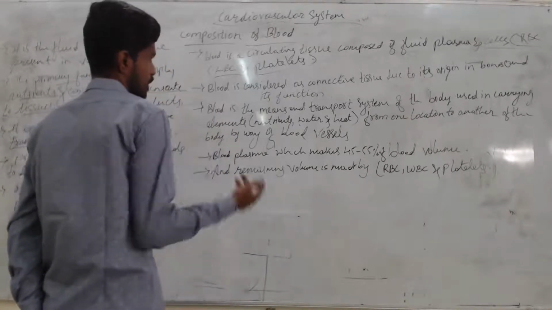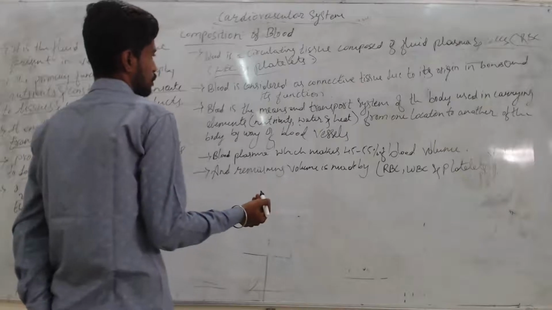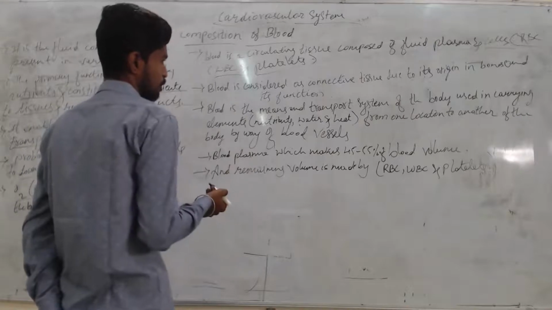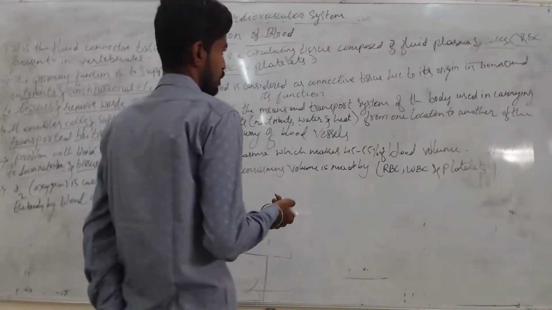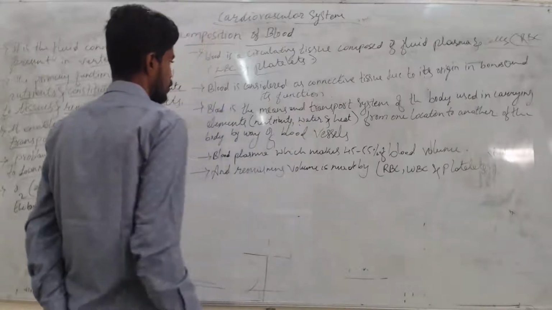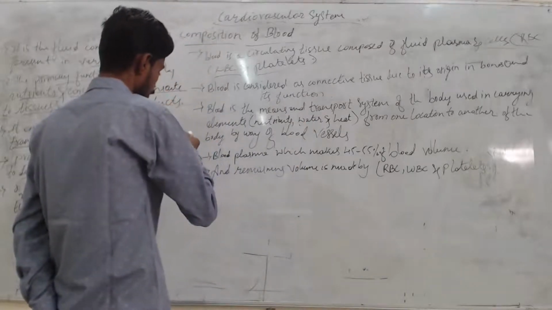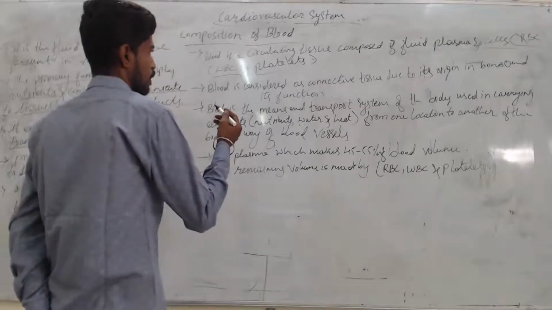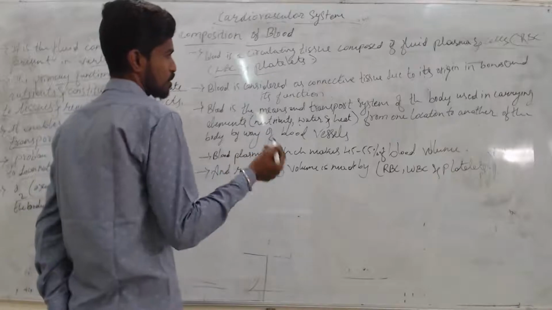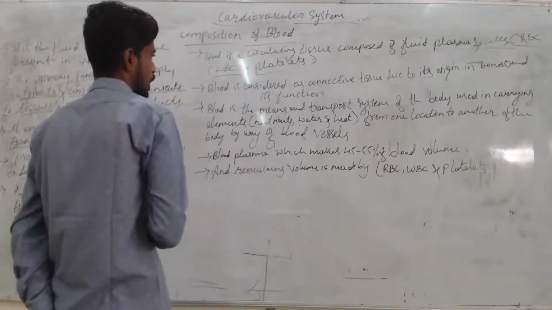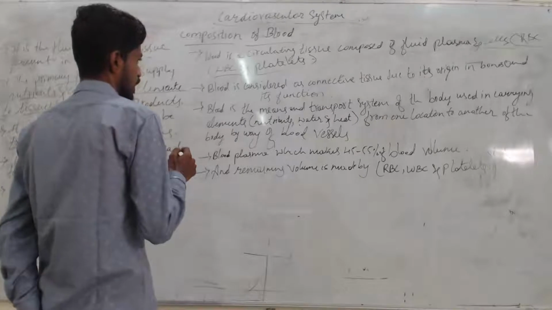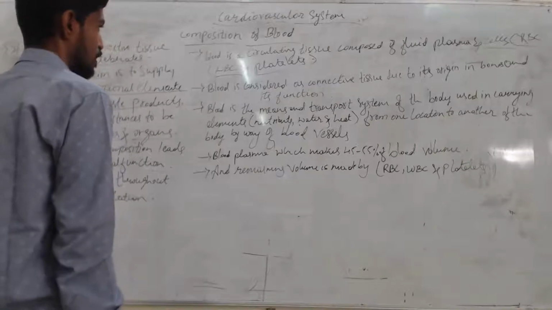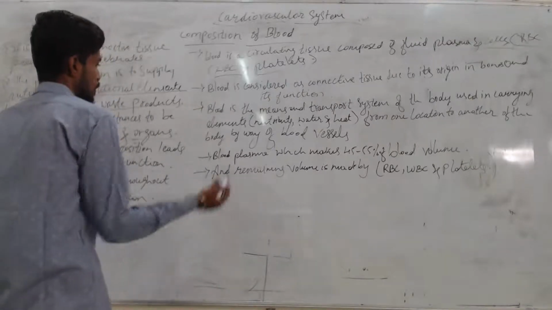Why is it considered a connective tissue? Because of the presence or origin of blood in the bone and the function which is carried out by the blood, blood is considered a connective tissue.